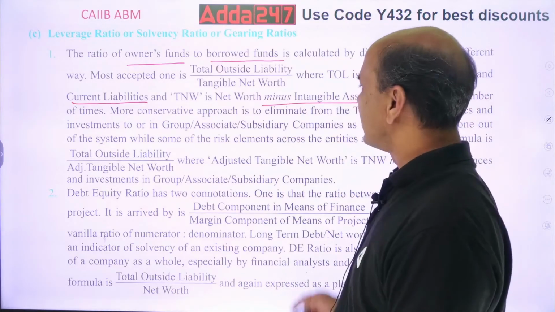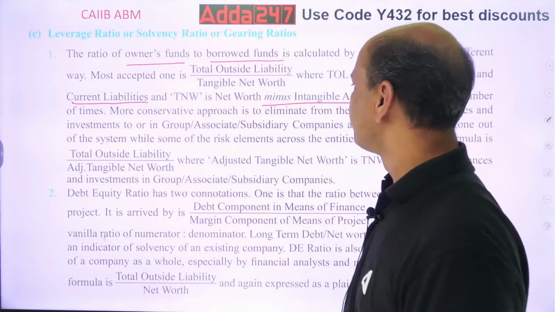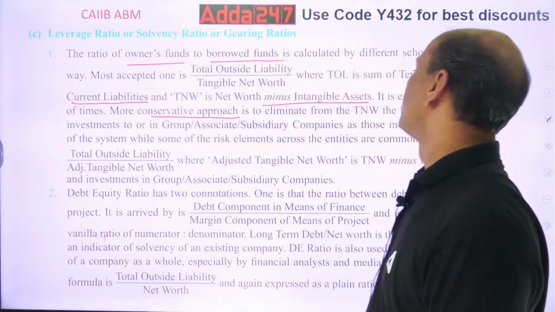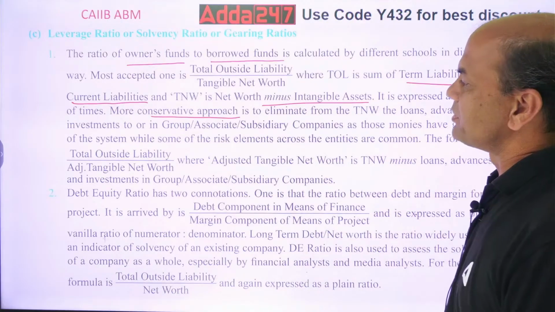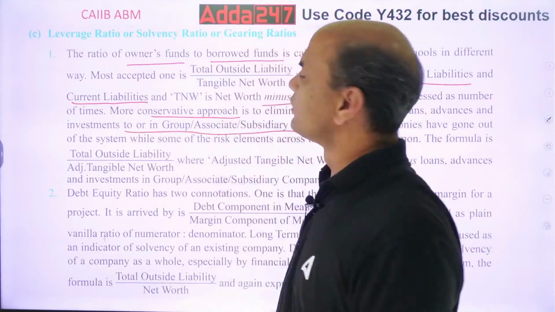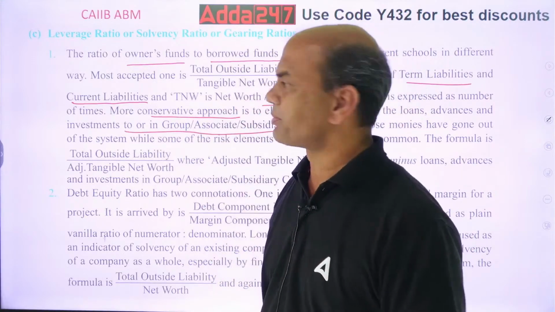Kindly remember, this is not that important for you, but just for your information. Conservative approach means if you have to play on the safer side, you have to eliminate from this total net worth loans, advances and investments to or in the group associates. So basically, whenever you give a loan to the group subsidiary company, that is to be subtracted.